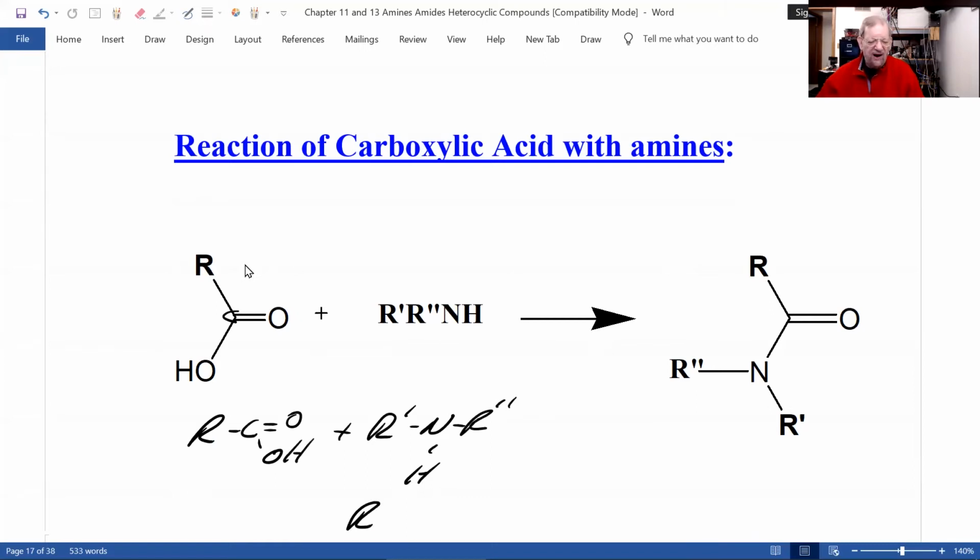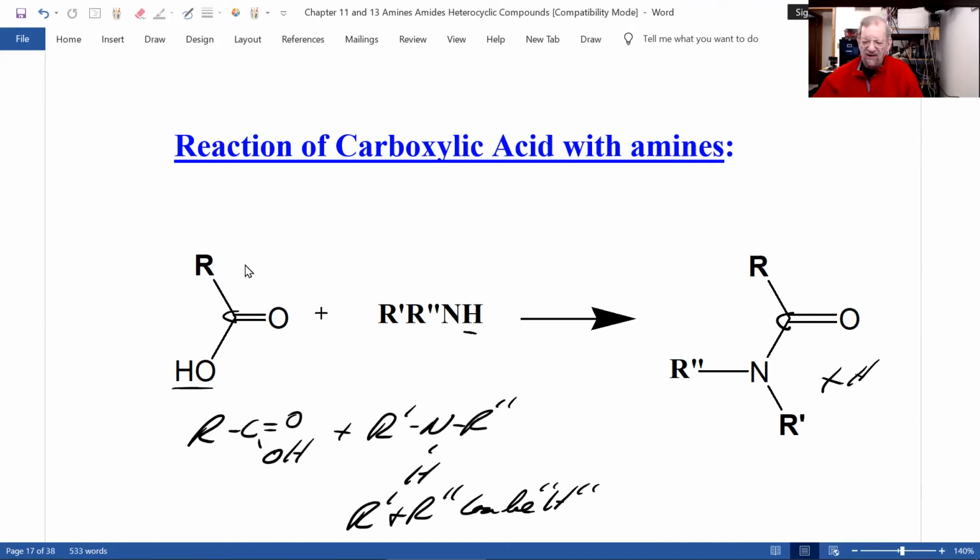This one, R prime and R double prime, can be hydrogen. And what happens is you lose this hydrogen and OH. I don't show it here, but now I will.